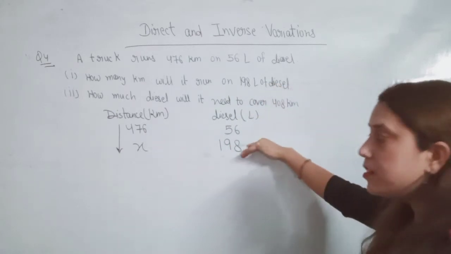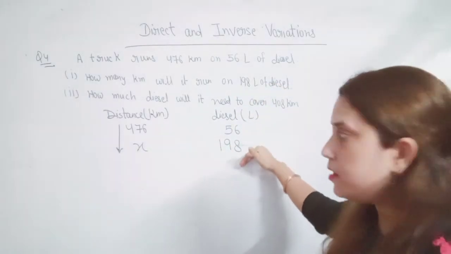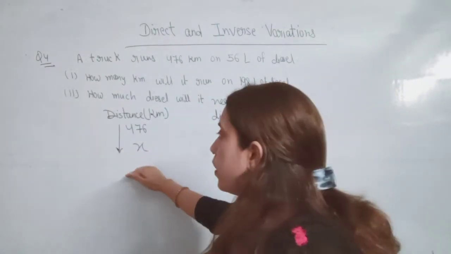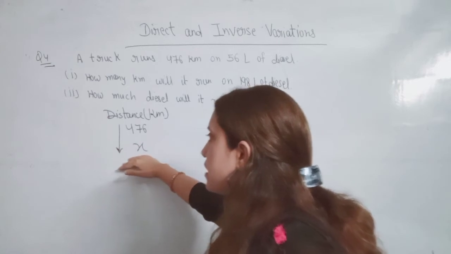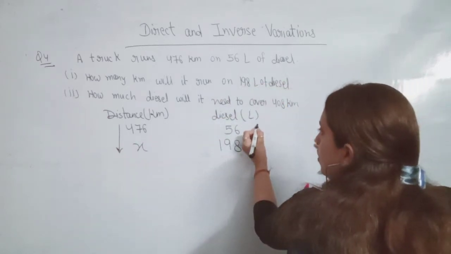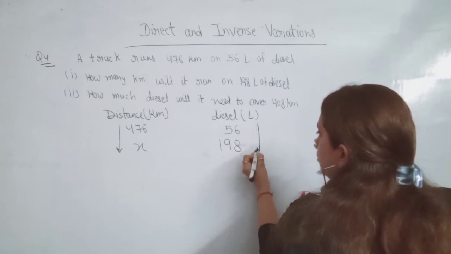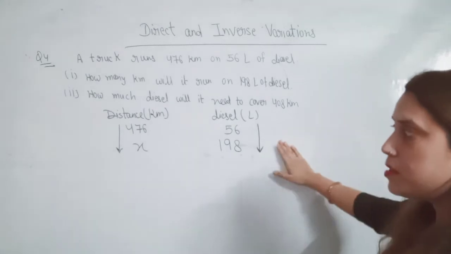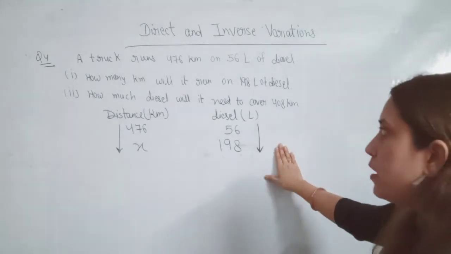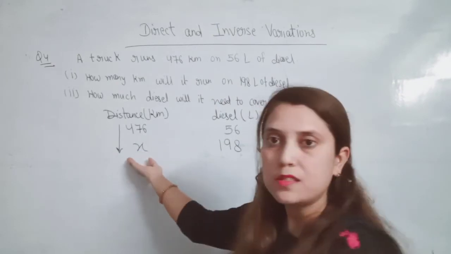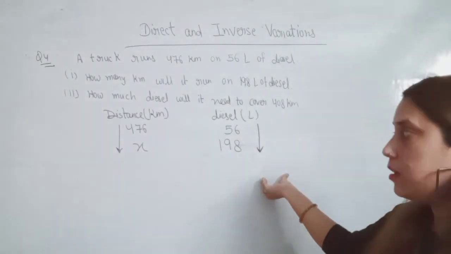If we increase the diesel, then it will cover more distance. It means if distance increases, diesel will also increase. So the direction will be the same. This is direct variation. If diesel increases, then distance increases. If distance increases, then diesel will increase.